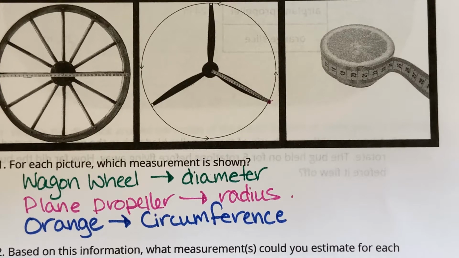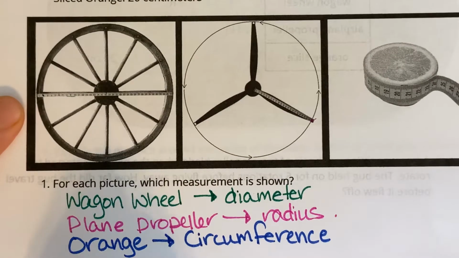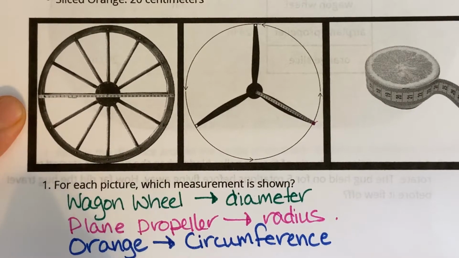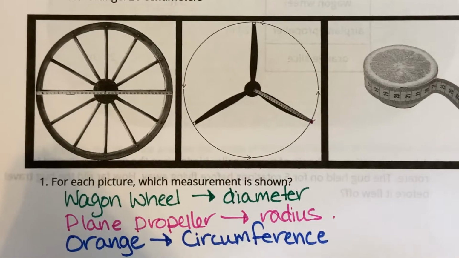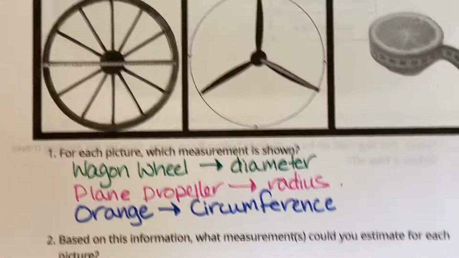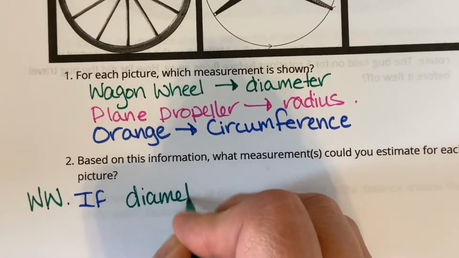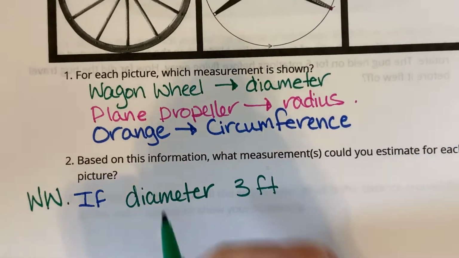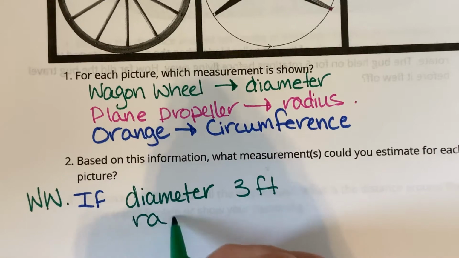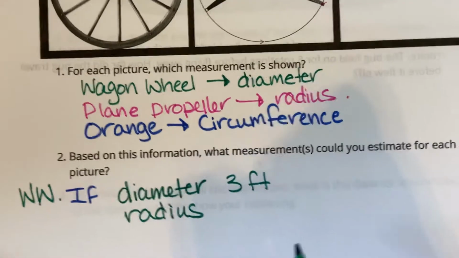Okay, I could get the actual radius on this one if I know the diameter. So this is the wagon wheel. I should have done that in green because I did the wagon wheel in green. I'm going to put WW for wagon wheel so we know what that means. So if the diameter is 3 feet, I could figure out the radius, which would be half of that because 2 radiuses make up 1 diameter.